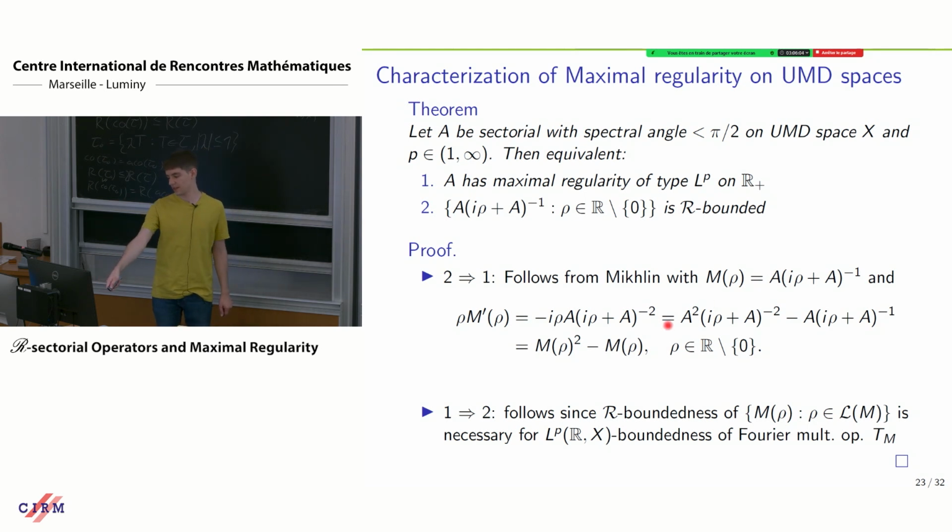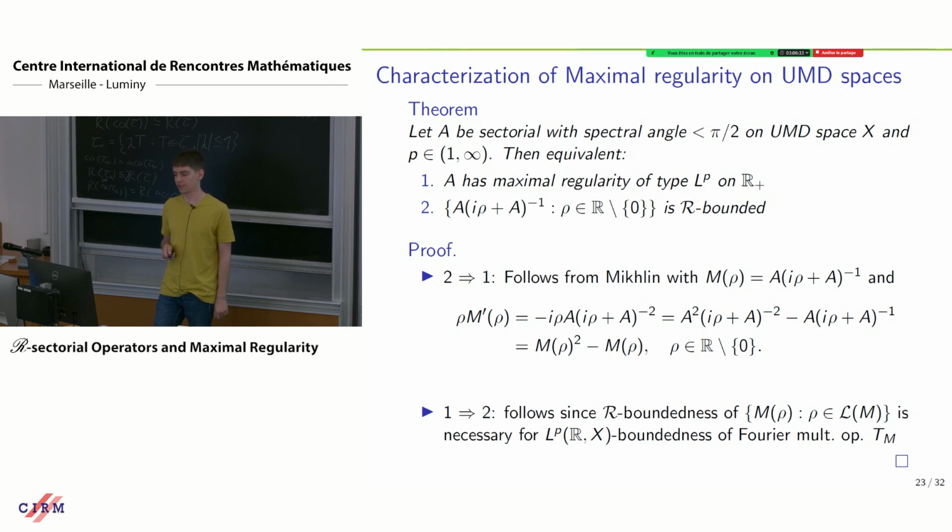So this set M of rho must be R-bounded, where rho now belongs to the Lebesgue points of M. And again, since this resolvent function is holomorphic, every point on the imaginary axis will be a Lebesgue point, apart from possibly zero. So this set must be R-bounded. So this finishes the proof of this theorem.